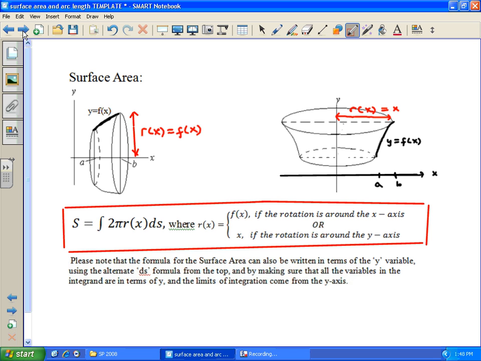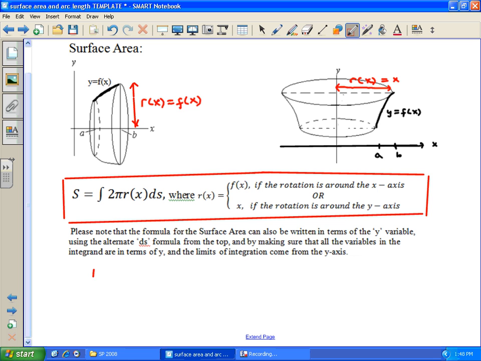And how about ds? ds is the same ds from the past, which is the square root of 1 plus dy over dx quantity squared, basically. So if you like, you can also add it in there, where ds is equal to the square root of 1 plus dy over dx quantity squared. That's ds. Okay, so we're ready to do an example.